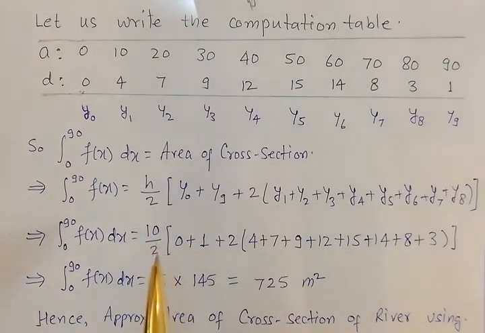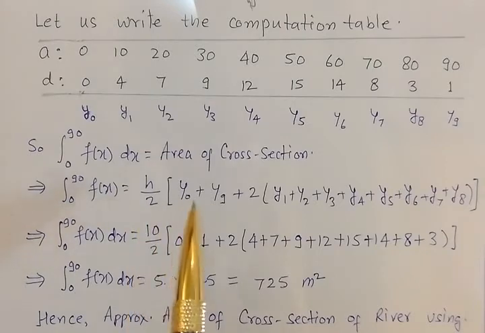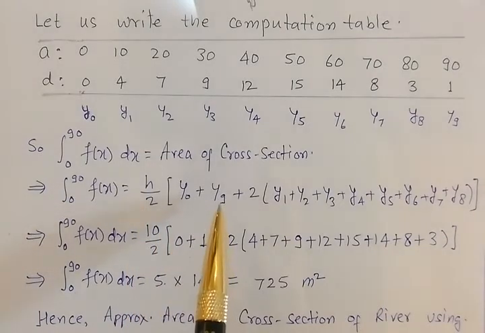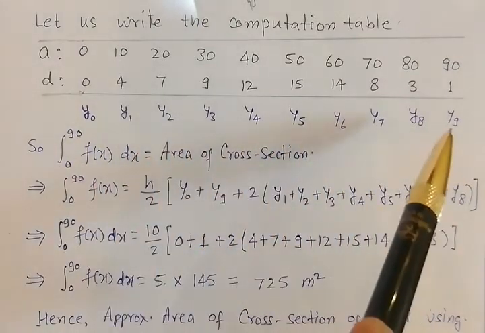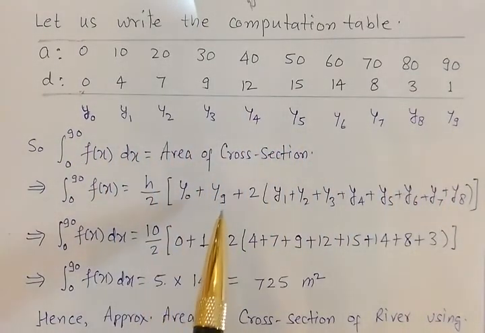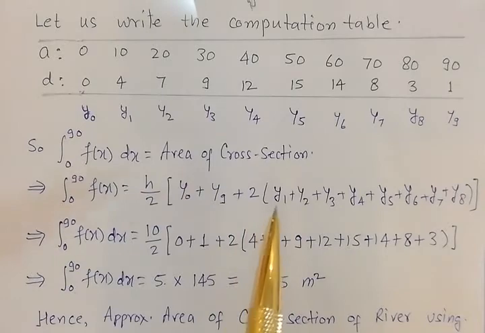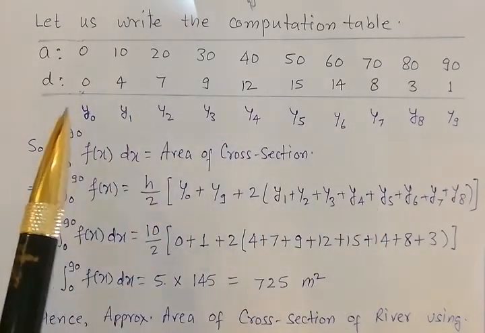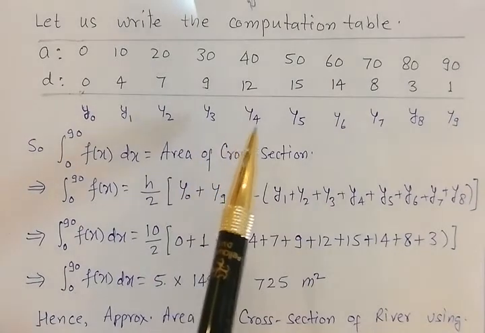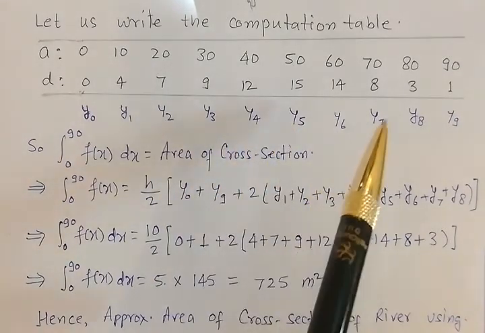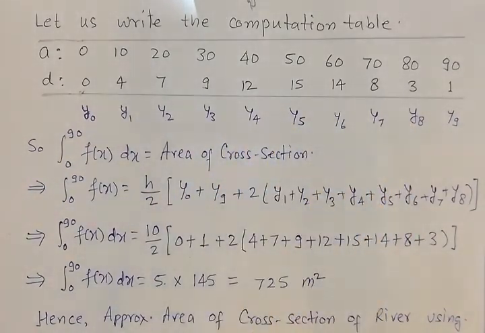So what is the trapezoidal rule? h by 2, first ordinate plus last ordinate. What is the first ordinate? y0. What is the last ordinate? y9. So y0 plus y9 plus 2 times the sum of remaining ordinates, so except y0 and y9, the rest: y1 plus y2 plus y3 plus y4 plus y5 plus y6 plus y7 plus y8. So this way we have customized the trapezoidal rule according to the problem given.